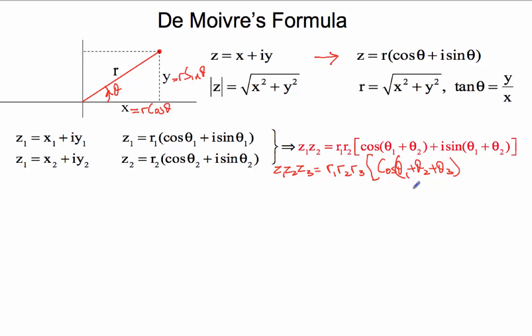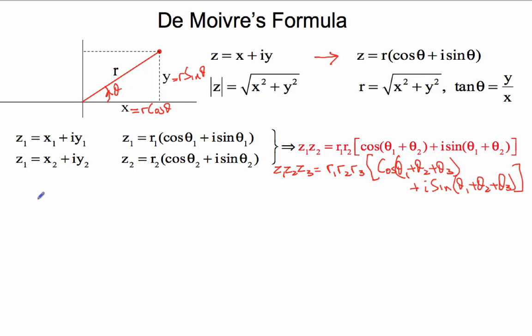And here you would have I sine of theta 1 plus theta 2 plus theta 3. And now, if you had n of these, z1, z2, z3, up till zn, then you'd multiply their magnitudes together, and here you would have n such angles added together, and of course here too.